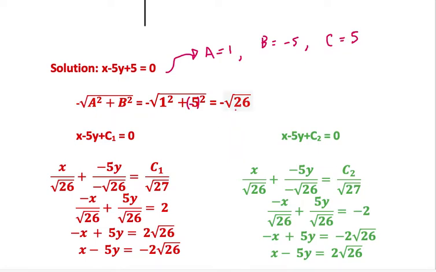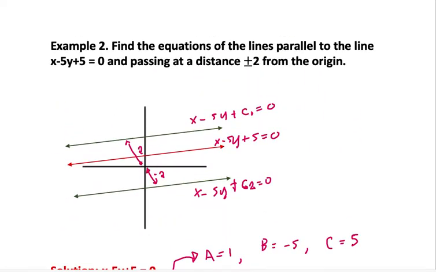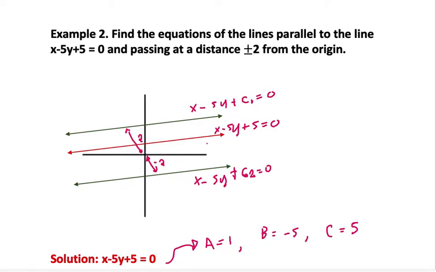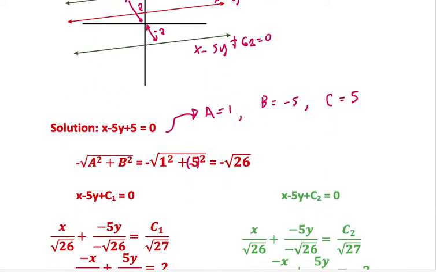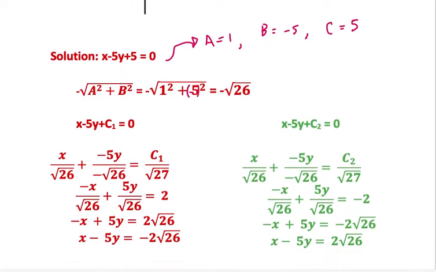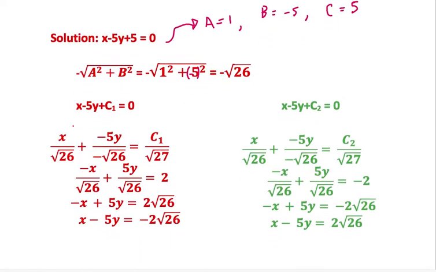So, before we proceed, we are asked to find the equations of the lines which are parallel to x minus 5y plus 5. Okay, so let us work first on x minus 5y plus c sub 1 equals 0.